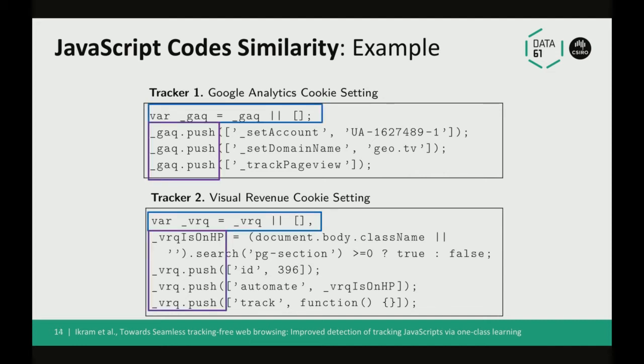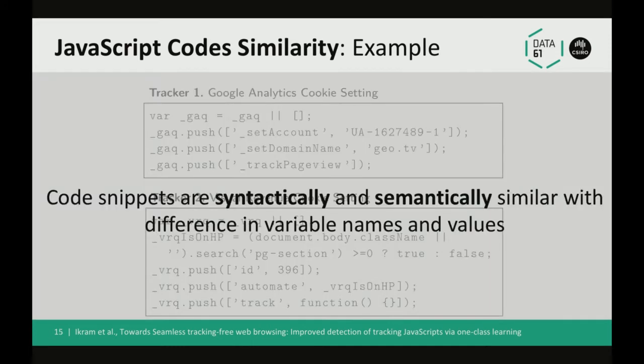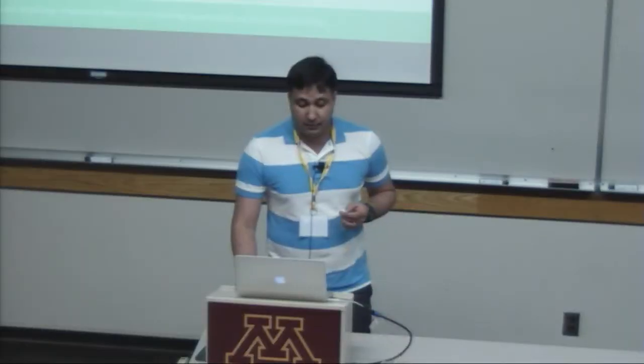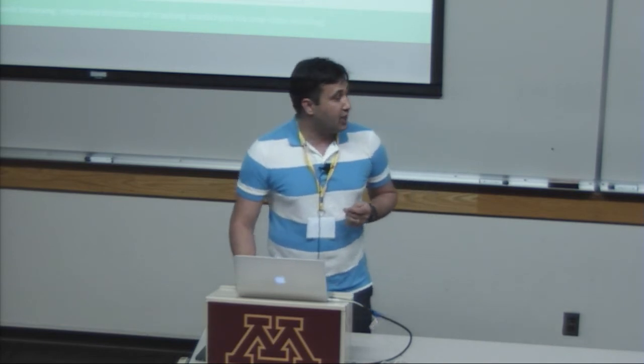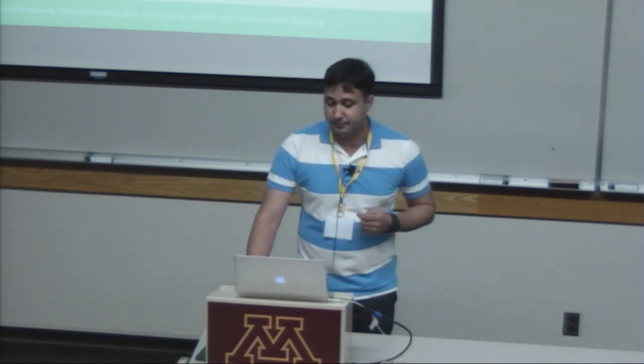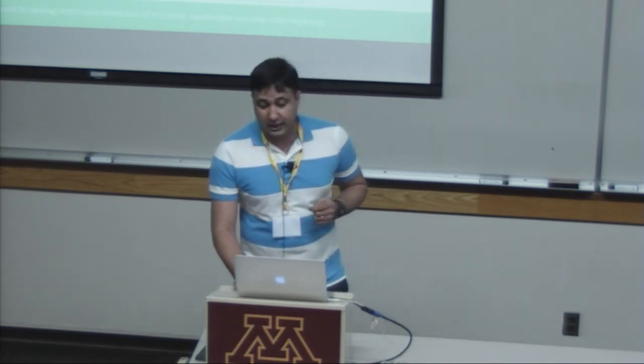From the variable initialization and the functionality to push values into the cookie database, we can see that they are similar to each other. Of course, they have some dissimilarity in the way the variables are assigned, in the variable names and the values assigned to these variables. I will show you in a bit how we can deal with such dissimilarity.